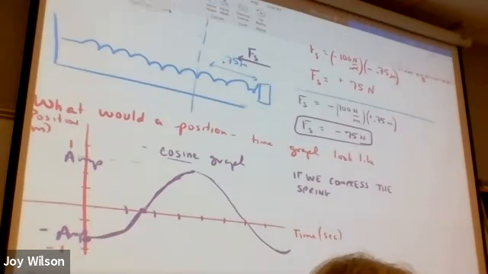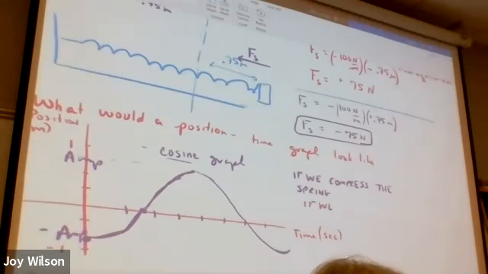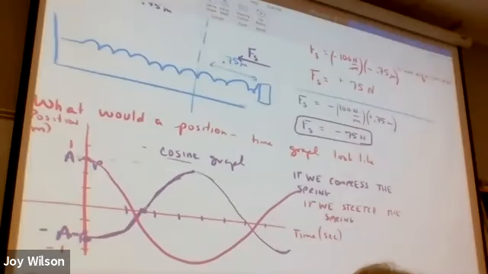How is it flipped? Upside down, right? So if we stretch the spring, the graph will do the exact same thing, but in the opposite direction. Still get a cosine graph either way.